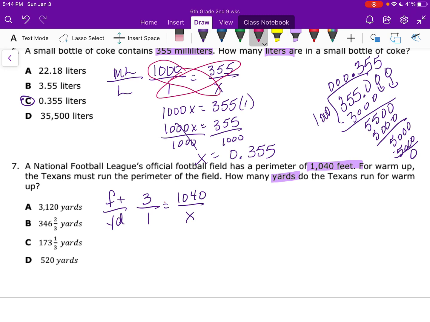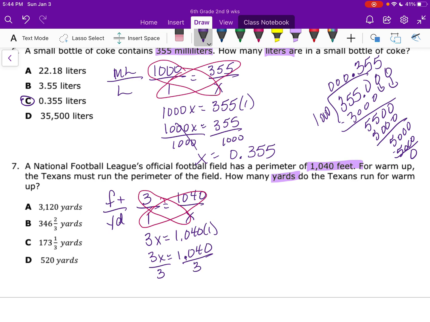So I'm going to cross multiply. 3x equals 1,040 times 1. 1,040 times 1 is just 1,040. 3 times something gives me 1,040. I don't know what it is, so I'm going to divide it.